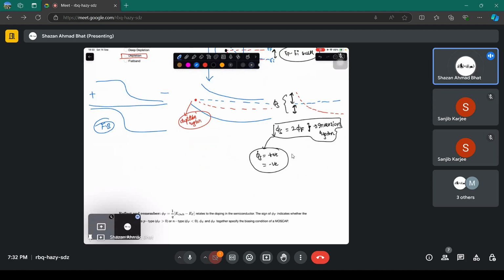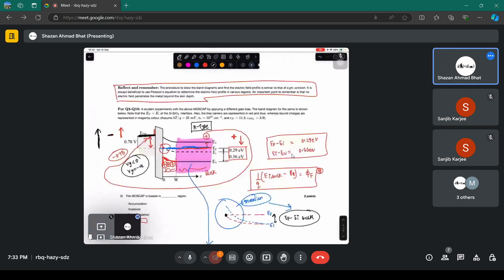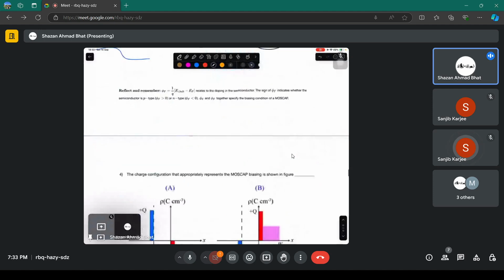Because of the positive, this goes down and this goes up, so it looks something like this. The Fermi level here, the Fermi level here. So here negative was applied, and the Fermi level went up on this side. This difference gives the applied voltage. Same concept. The Fermi level here is above that of this Fermi level, and it means there is a negative voltage applied. Okay, so let's move on.